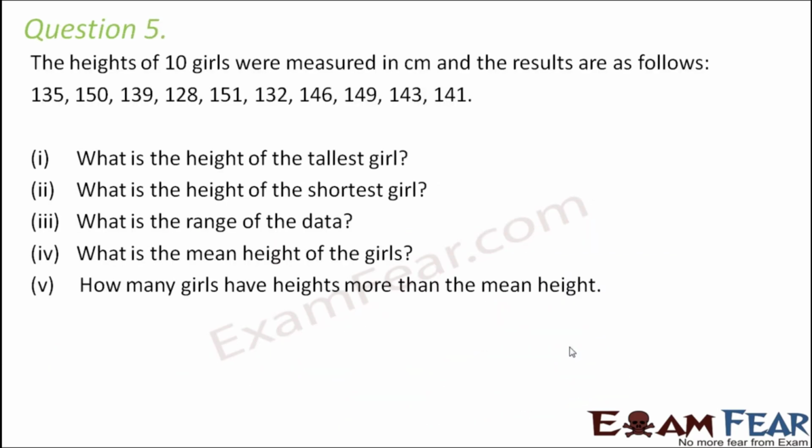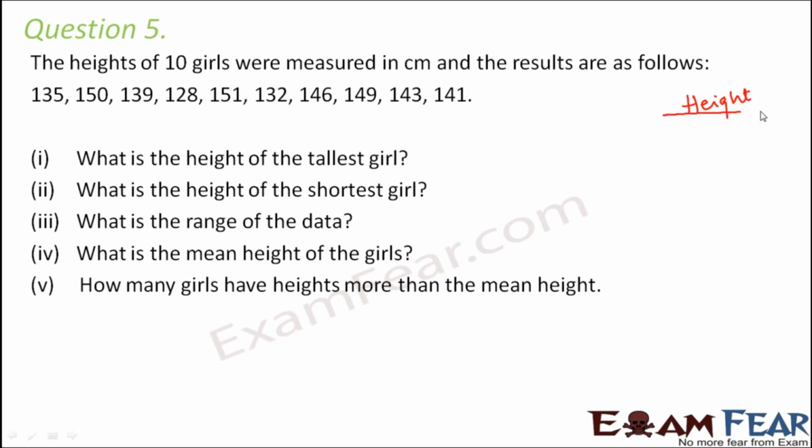Question number 5. The heights of 10 girls were measured in centimeters and the results are as follows. So these are the heights of 10 girls. There are a couple of questions being asked in this regard. Even before we answer these questions, the first thing that we do is arrange the data in ascending order in a tabular form.